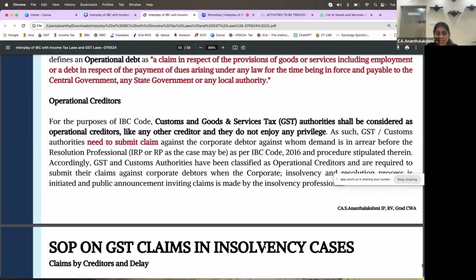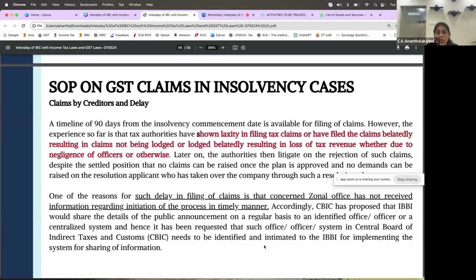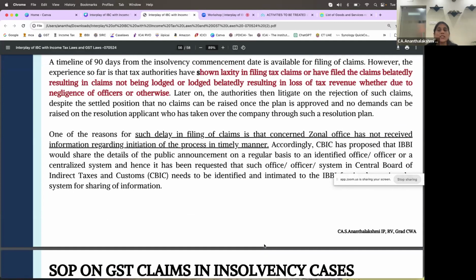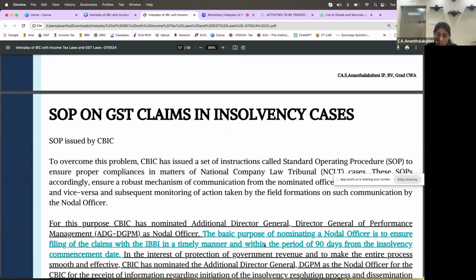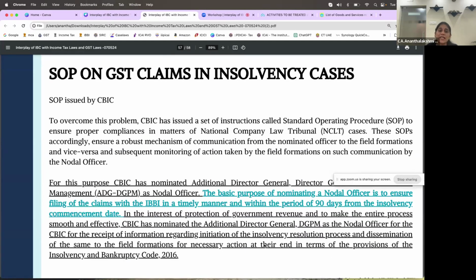So whatever they said is that in case of government, there will be a special person, like a zonal office, who will be informing the concerned GST department stating that this company has come under the CIRP process, file your claims. So there is this arrangement they have given to support the department; the zonal office will be working on the same. Their duty is to inform which companies have come under IBC, so that they submit their claims, because a maximum of 90 days alone is available to submit claims, for any person for that matter.